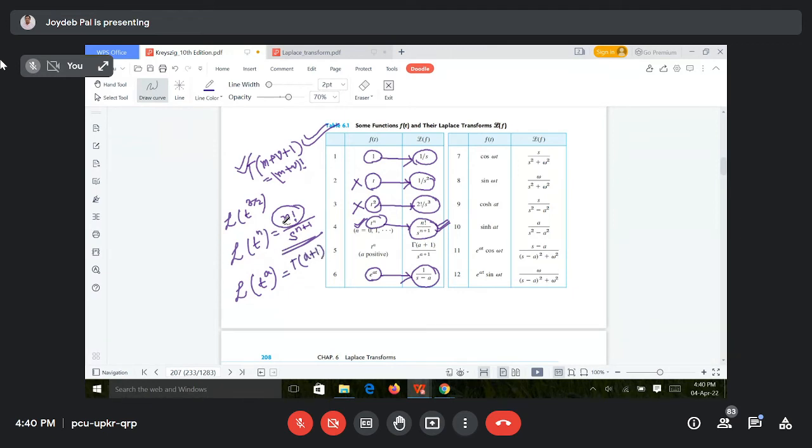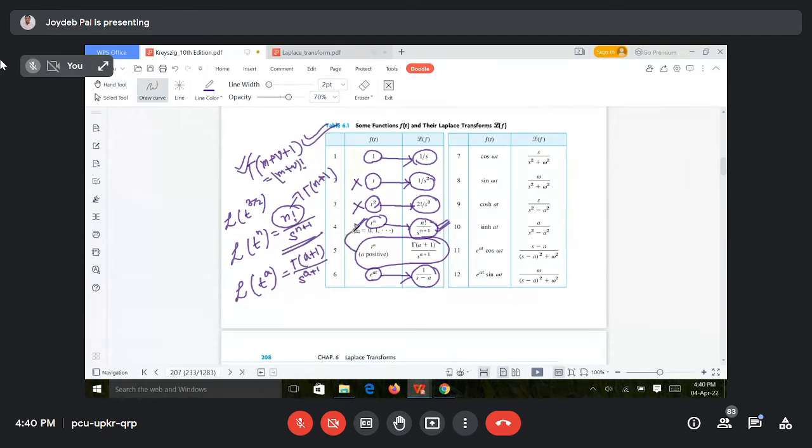See, for an integer, n factorial is gamma n plus 1. If I want to write it in gamma form, it is gamma n plus 1, right? That is the generalization of this, over s to the power a plus 1. So that is the more general formula.